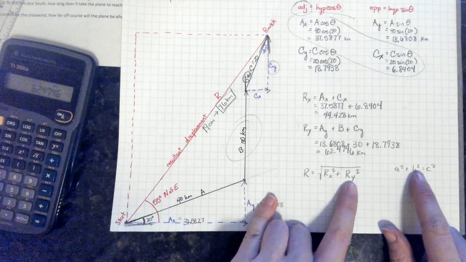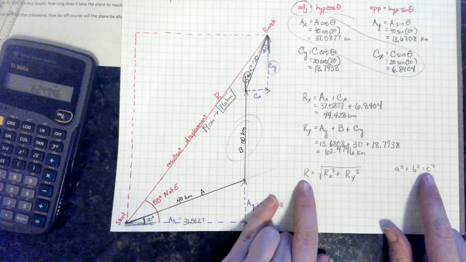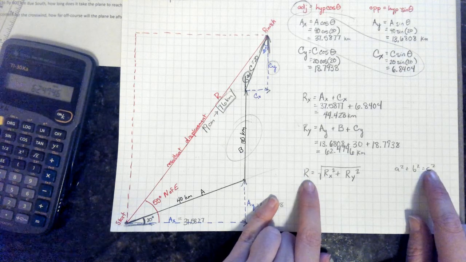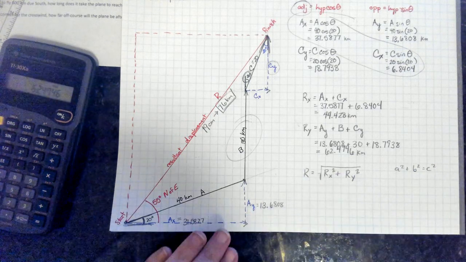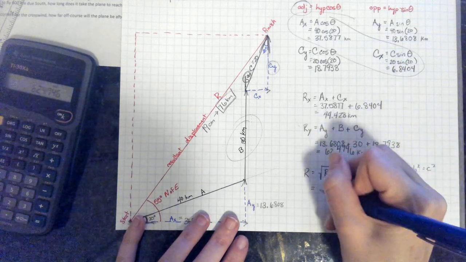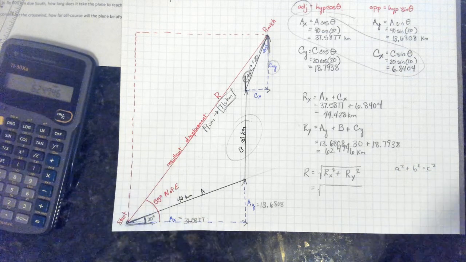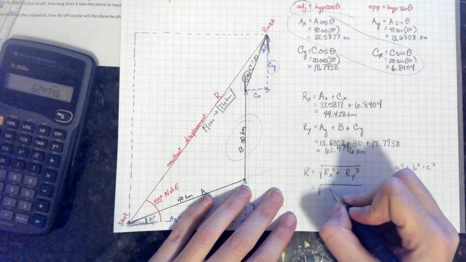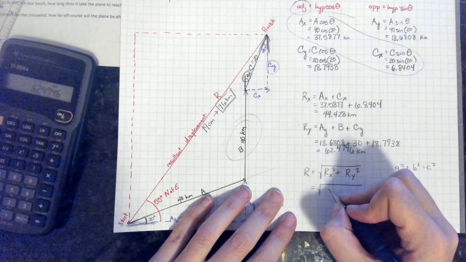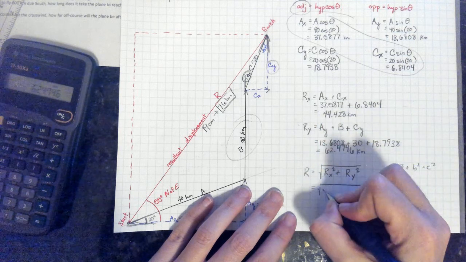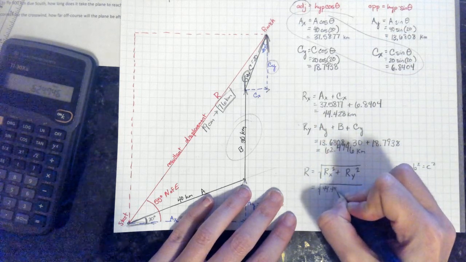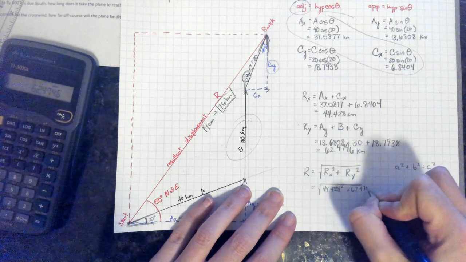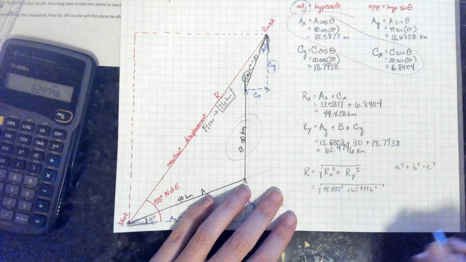A is Rx, B is Ry, C is R, and then to get just R, take the square root of both sides. So we have 44.428 squared plus 62.4746 squared, and we'll take the whole square root of that.